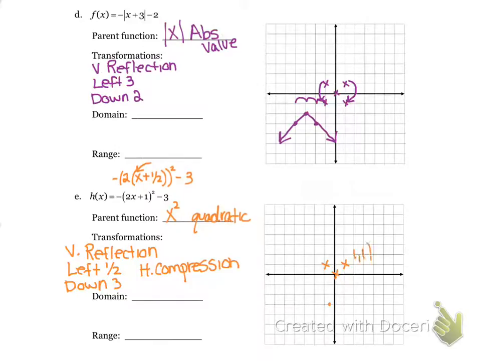So we have this point 1, 1, and we're going to multiply this x value, since it's a horizontal compression, by 1/2. So now I have a point at 1/2, comma 1. I'm going to need to change the colors. Now I'm going to vertically reflect it, which comes down here.